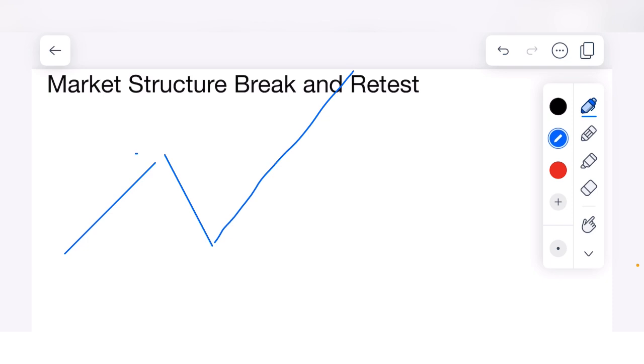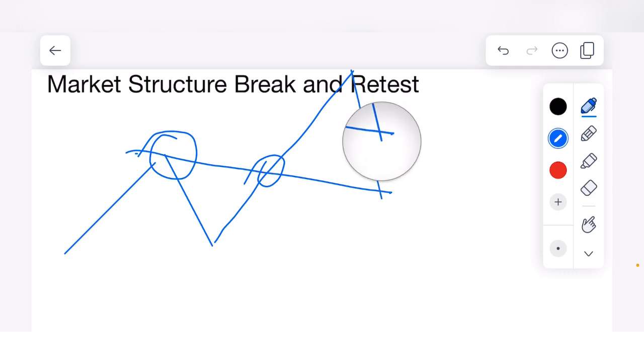So this was the highest point, and then it got broken here, right? So I will wait for the market to revisit the point that got broken here. So this is where I'll be taking my entries. This is where I'll be looking for buy opportunities.